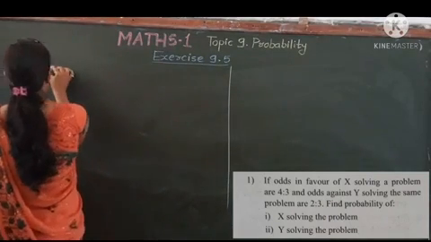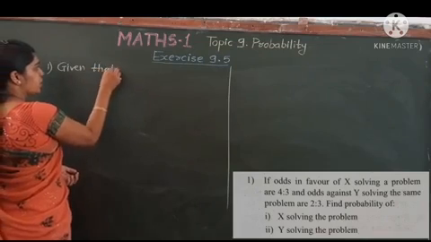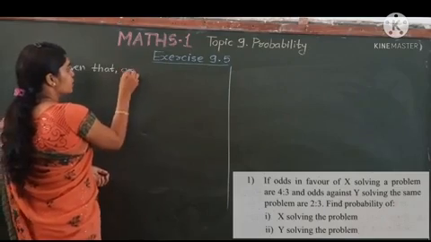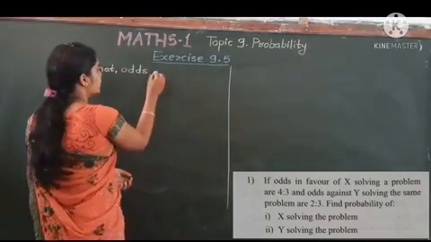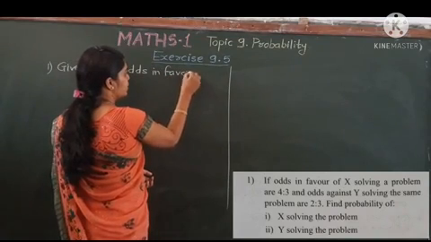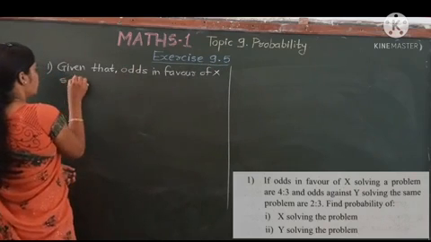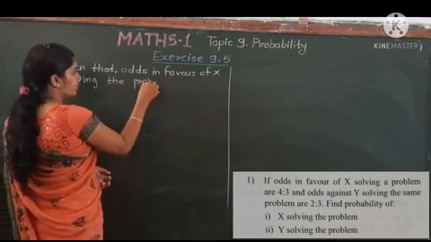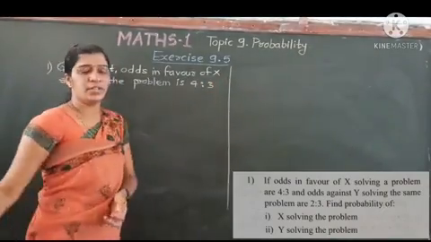What is given here? See, from the question I write here, given that odds in favor of x solving the problem is 4:3.